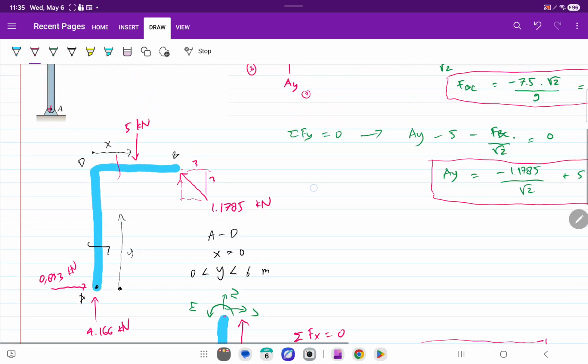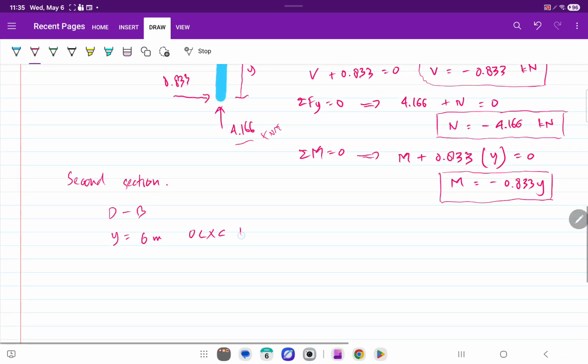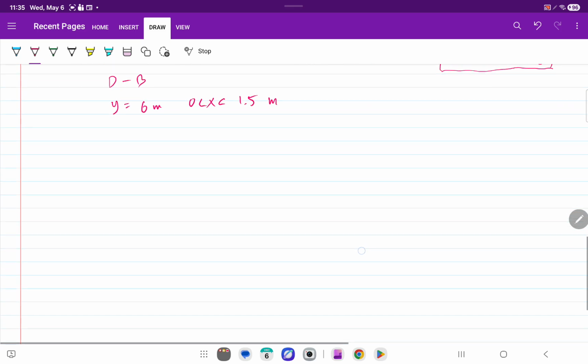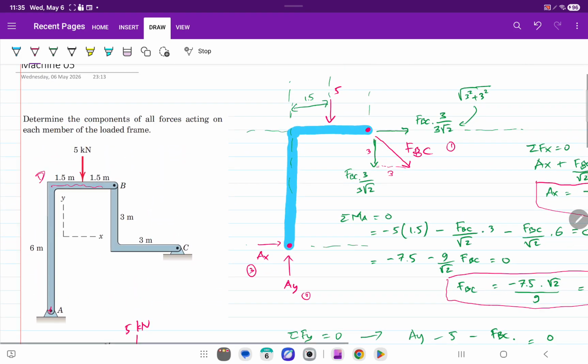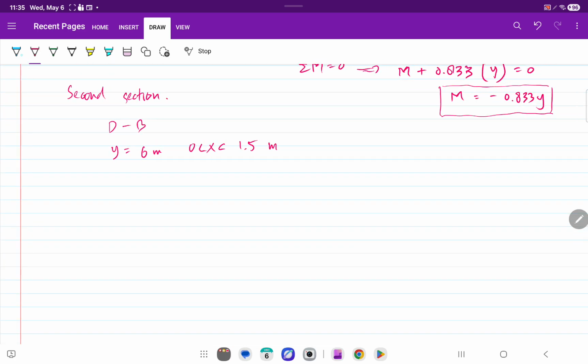That's from 0 to the location of 5 kilonewton, which is 1.5 meter. Okay. Let's draw this and then this. And that is the sectioning point.